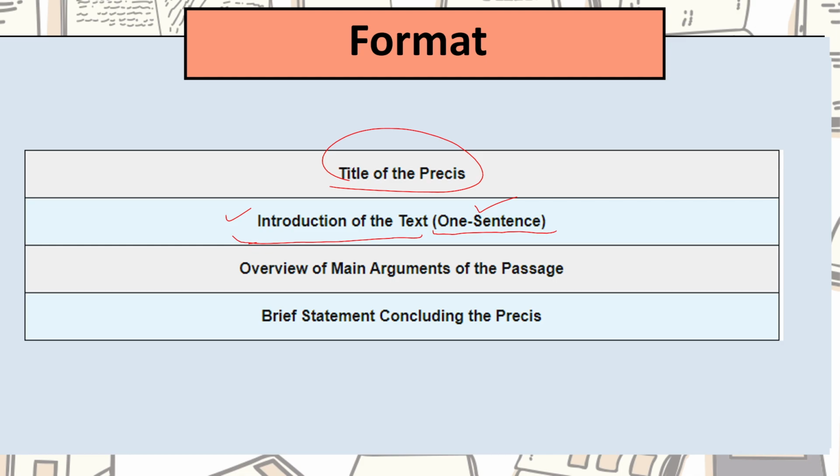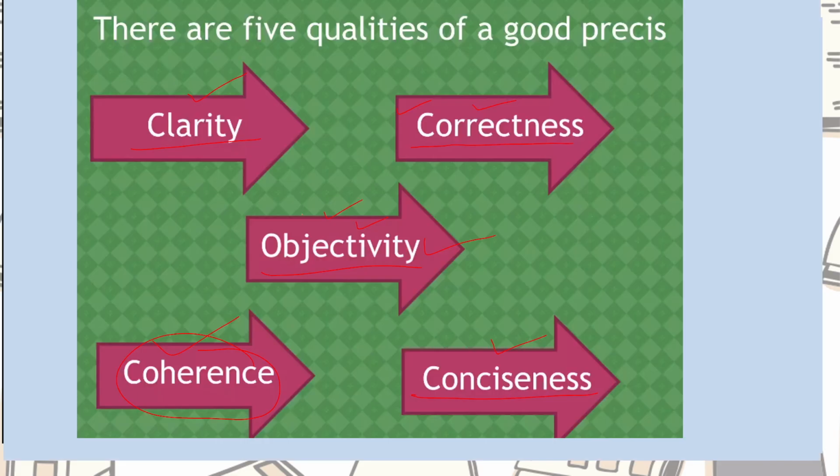And then you have to give an overview of the main arguments of the passage. If the passage contains arguments, one or more than one, then you have to review them. Just give a quick overview, go through them very quickly without going into the detail. And then at the last, as we always do, we conclude everything. So there would be a brief, a very short statement or sentence that will conclude the Pressy.